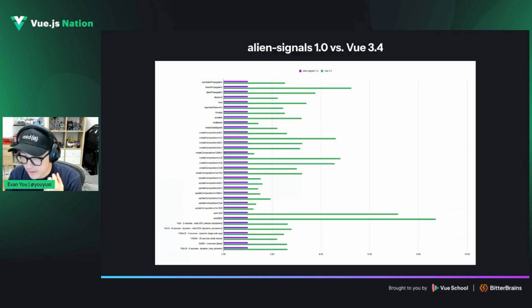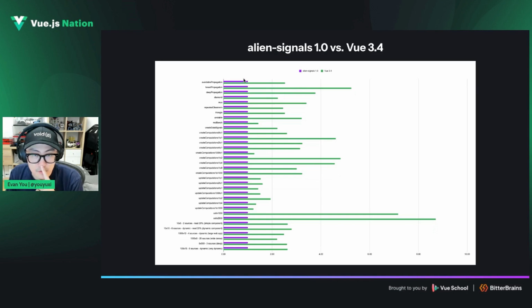Eventually, when we merged Alien Signals 1.0 into Vue's development branch, we could compare this across a big benchmark. The text is probably too small to see, but the purple bar is Alien Signals, and the green bar is Vue 3.4.